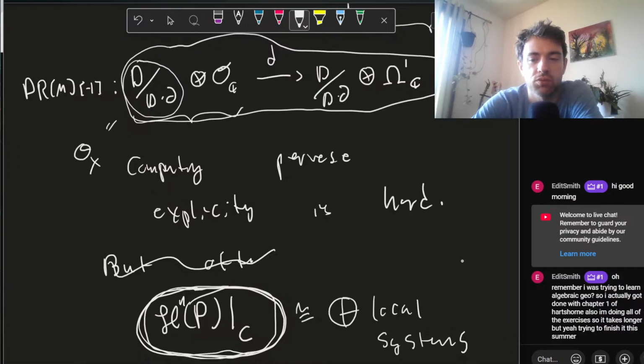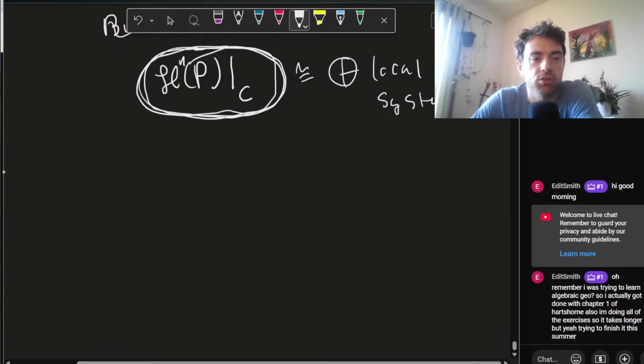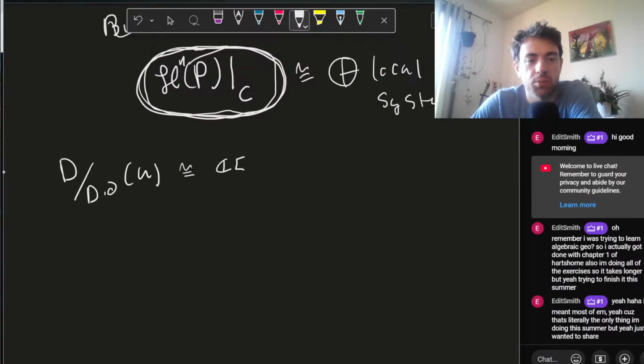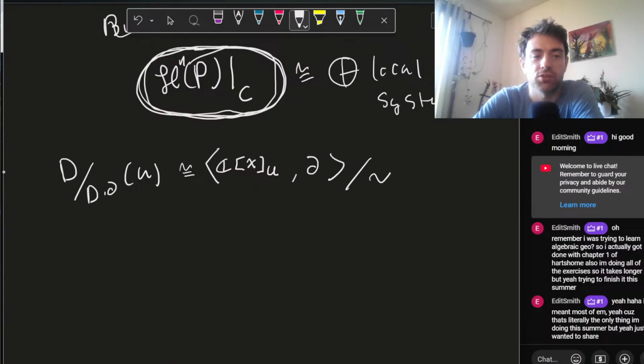Because if we think about our sections over some open set, it's basically generated by the polynomial ring, and then you invert the elements that are in U, and then also basically the span of the differentials, modulo the equivalence relation.